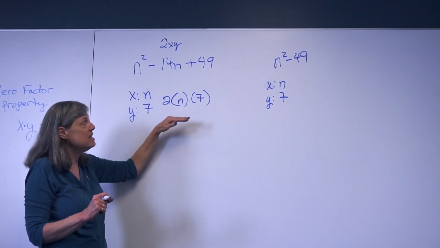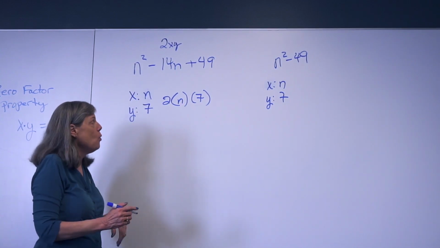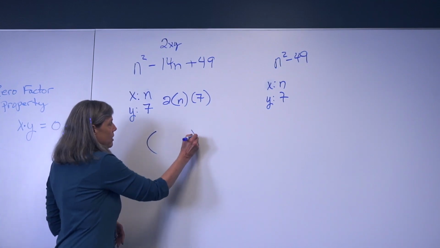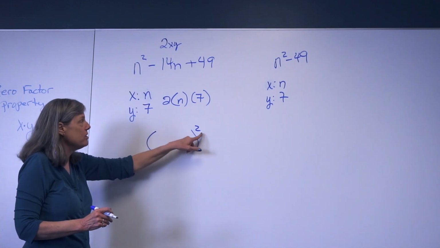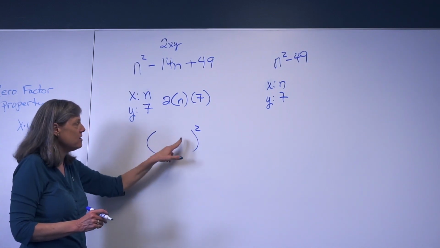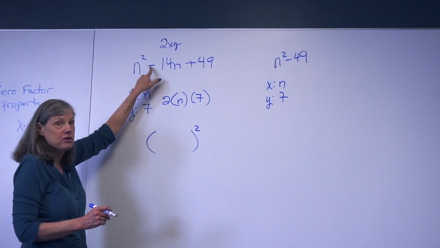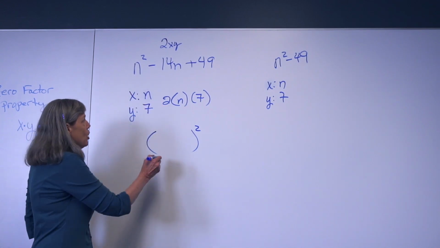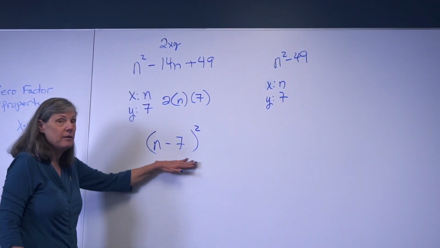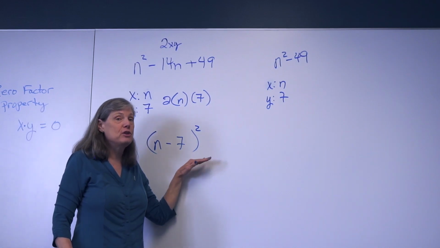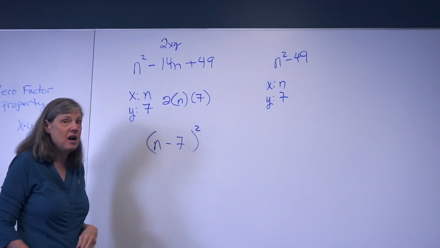But since this is a perfect square trinomial, we just go into the pattern, which is one set of parentheses with a square. We put our x, our y, and whatever sign this is goes in right there. And we're done.